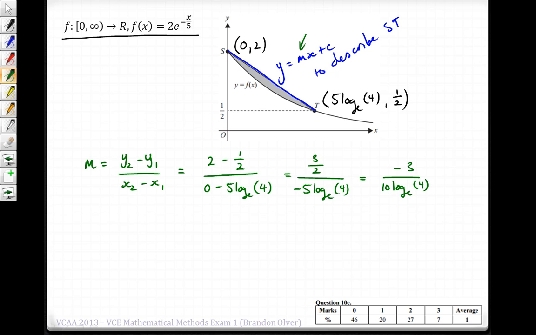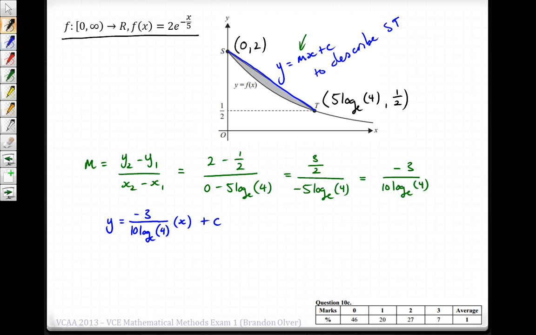The next thing I need to do is work out what the plus c value is. So I can rewrite my equation to be y equals minus 3 over 10 log e of 4 times x plus c.